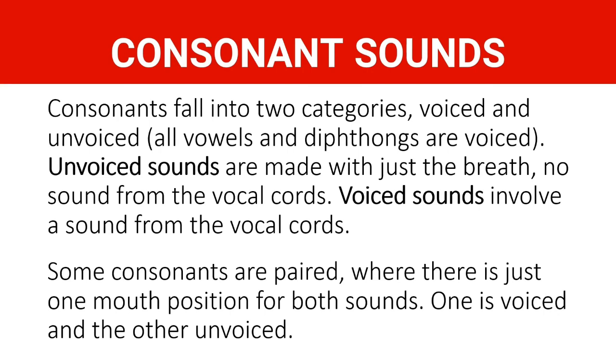To make it simple, voiced sounds are produced with a vibration in the vocal cords. Unvoiced sounds do not have a vibration. Some consonants are paired, where we articulate them with the same mouth position. One is voiced and the other is unvoiced.